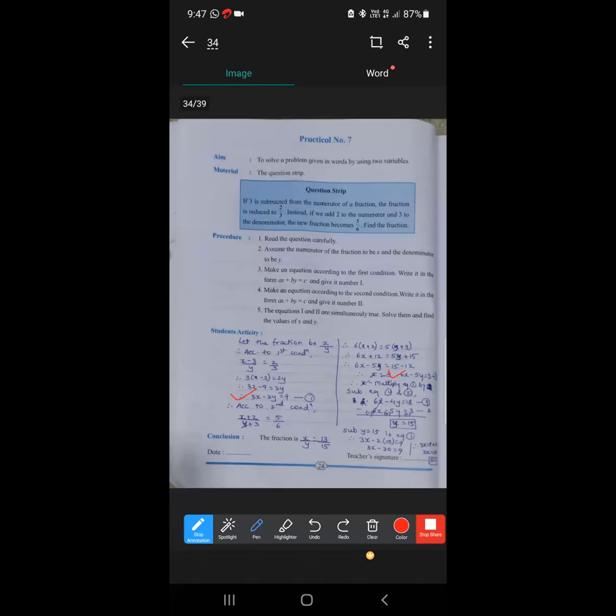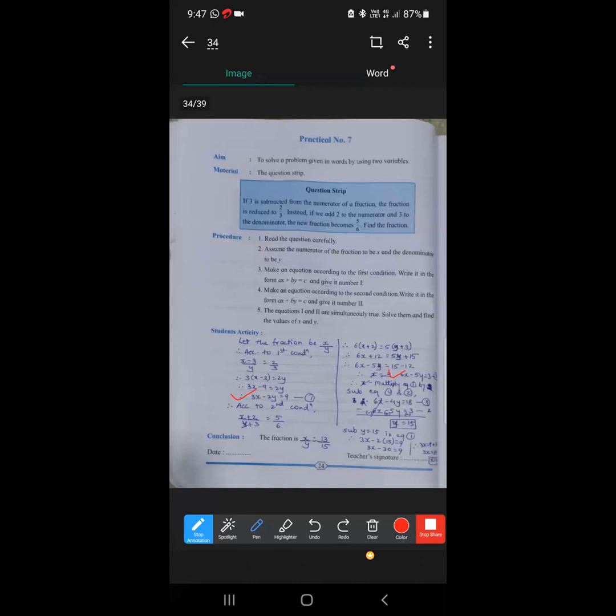These two steps are very, very important. Check the coefficient of the two terms x and y, and check the sign of the two terms x and y. Why am I telling you? Because out of these two variables x and y, the coefficient of one variable should be the same.